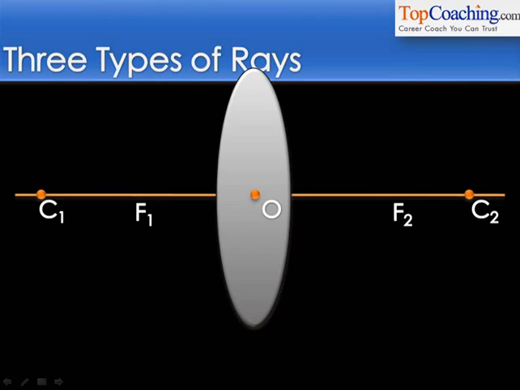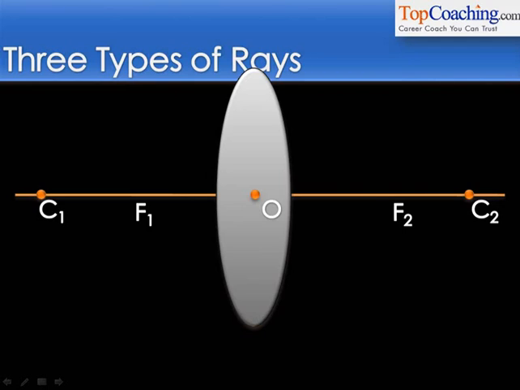So now that we've studied the different terms related to convex and concave lenses, we can proceed and learn about how images are formed by concave and convex lenses. However, before that, we also need to learn certain properties of convex and concave lenses. There are three types of rays which can strike convex and concave lenses.